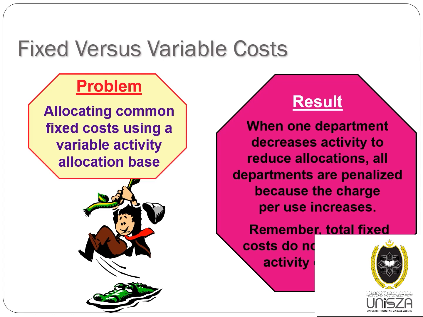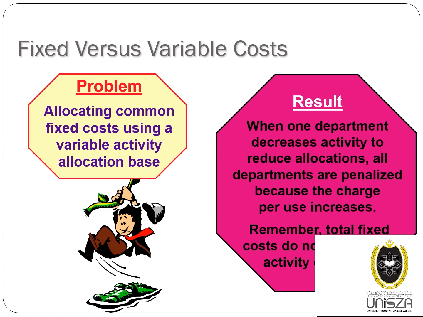So what is the problem here in allocating common fixed costs using a variable activity allocation base? Since we do not distinguish between the fixed and variable cost of the service department, under some circumstances, the simple approach can result in an unfair cost allocation among the using departments.